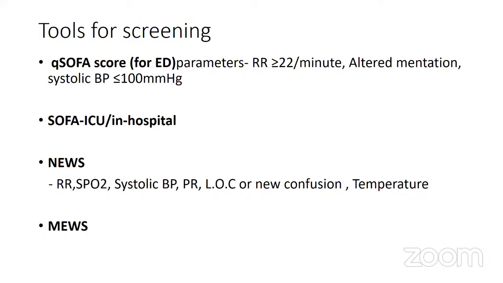They include SIRS, qSOFA, SOFA, MEWS, NEWS, and the Modified Early Warning Score. Most of these are used in different locations, could be the ward, the ED or ICU, depending on the parameters that you can easily assess in that location.